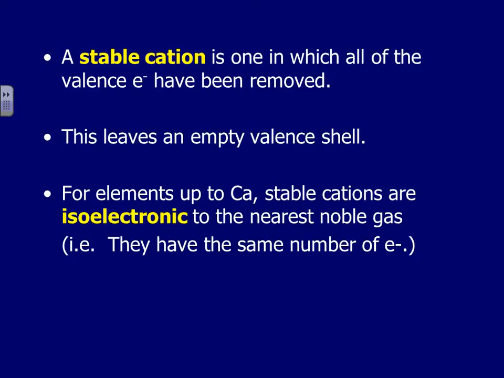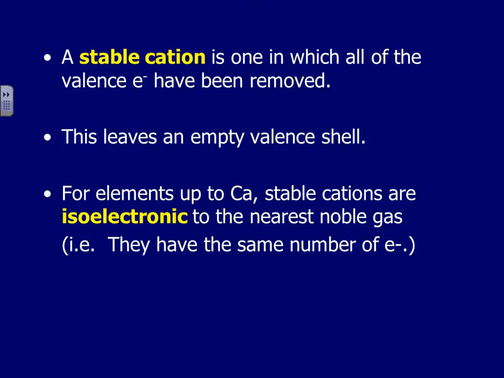All right? Once they've all been removed, this leaves an empty valence shell. So for these metals, we're clearing out the valence shell. For elements up to calcium, the stable cation is isoelectronic to the nearest noble gas. I will be talking a little more about that in a moment.